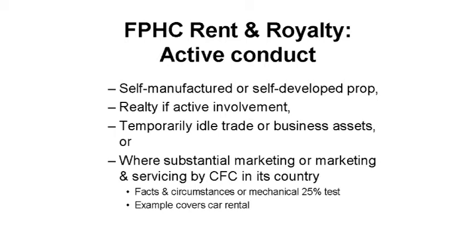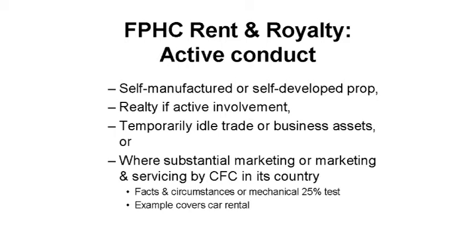The CFC may have received help in making or developing, but it must be regularly engaged in such making or developing. For example, a CFC that manufactures machines is in an active business, and rents received from unrelated customers for use of those machines that the CFC made is not Subpart F income.